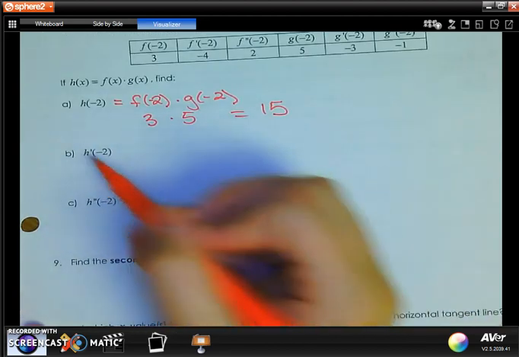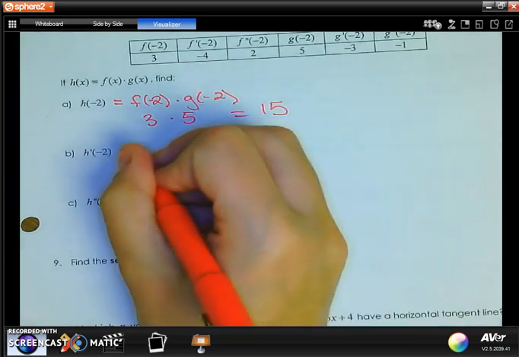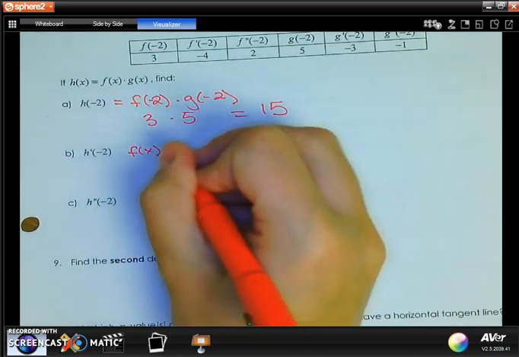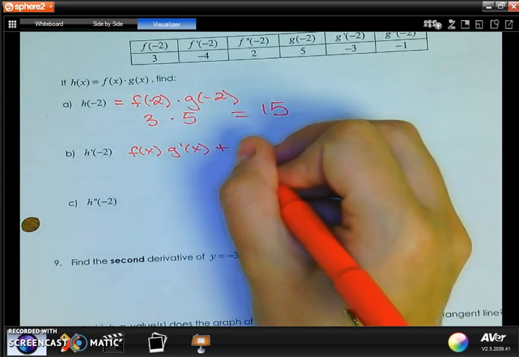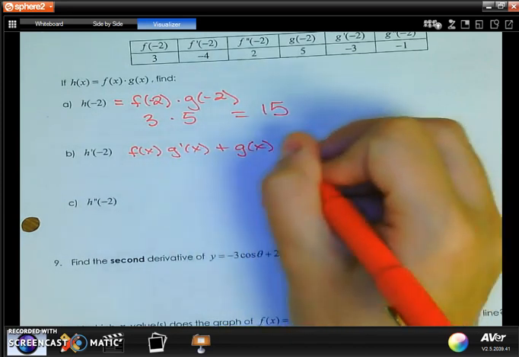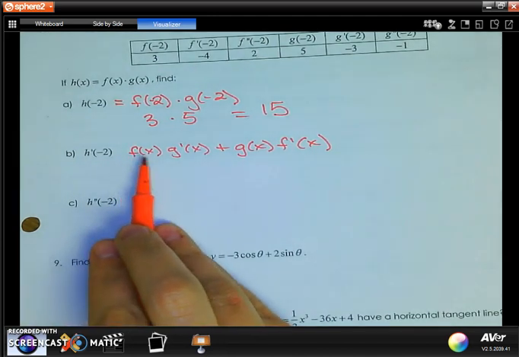All right, now it's saying to take the derivative. So here, you have to use the product rule. The product rule says first times the derivative of the second plus the second times the derivative of the first. And now basically you're plugging in negative 2 for all those x's. If you plug in a negative 2 there, f(-2) is going to be a 3.